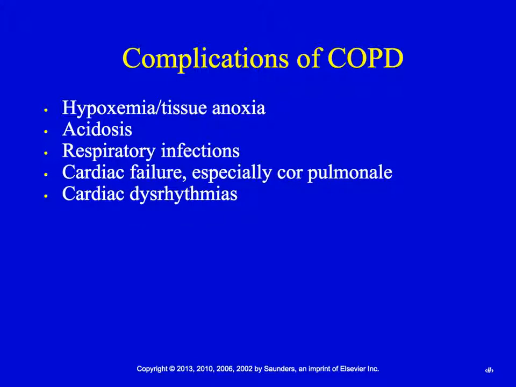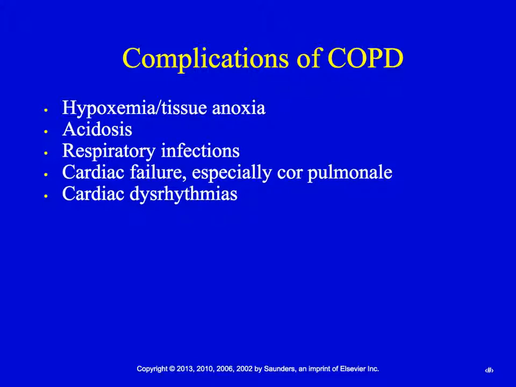Respiratory infections, they're at more risk for that. They don't have the ability to fight off germs. They don't have the good coughing ability to cough that stuff out of there, and they're at high risk for getting pneumonia. Cardiac failure is related to the more work of the lungs, and if you think about that cardiopulmonary system, the heart pumps blood to the lungs, so they're pretty closely related. So cor pulmonale is right-sided heart failure. So the right ventricle has to push blood into the lungs.